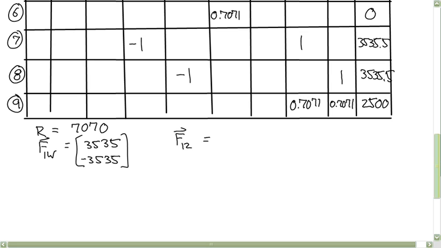F12, negative 35.35 over, oh, yeah, okay, over 0, or something close to 0. Oh, no, I didn't get that. You didn't? I get positive 35.35. So negative 35.35 over positive 35. Huh. Anyone else get an answer for that?